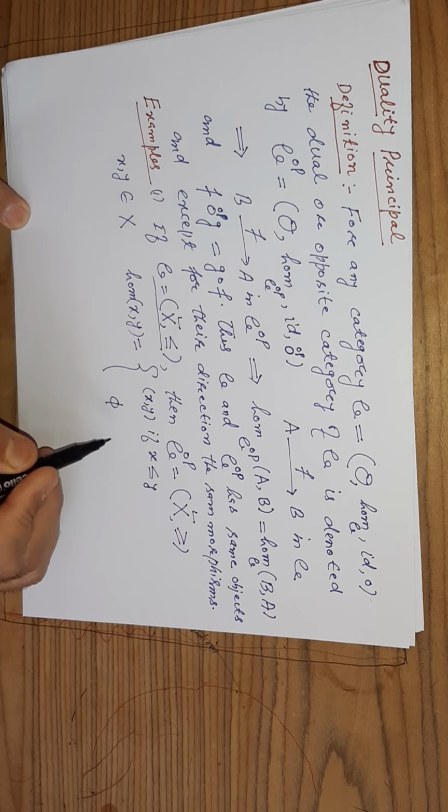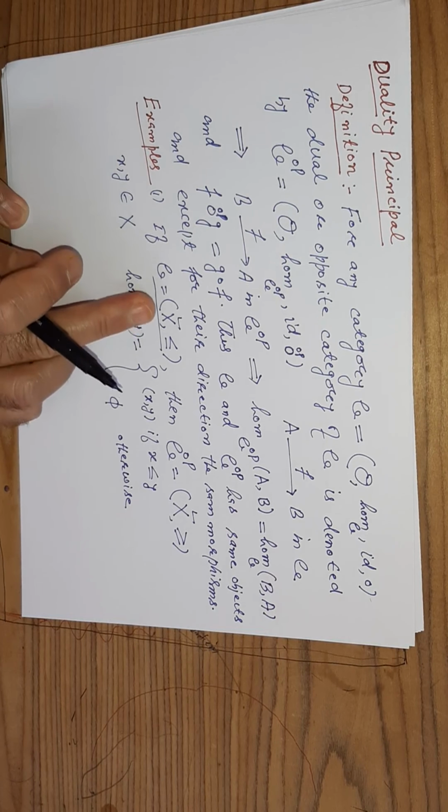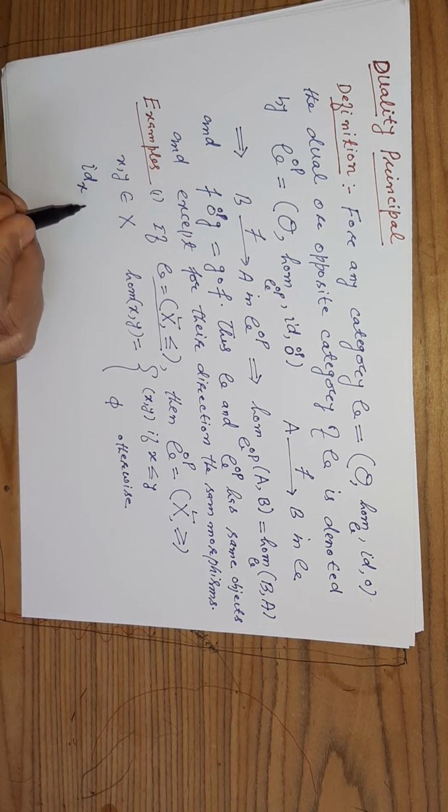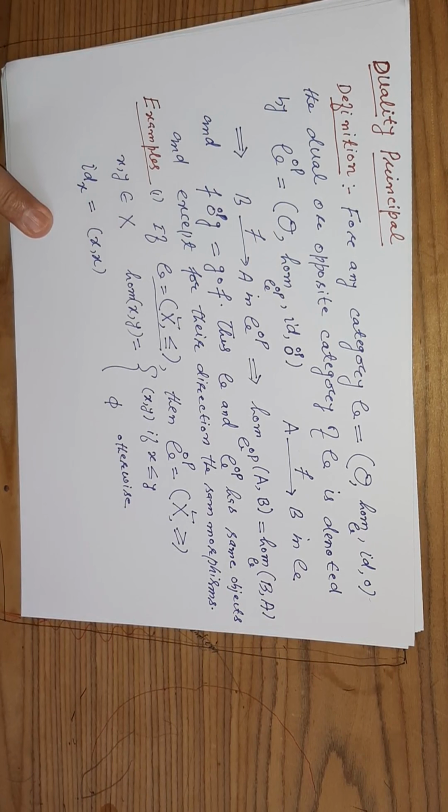And the identity on any object x was nothing but this pair (x, x), because of reflexivity, since x is less than or equal to x for all x in X, therefore we must have an arrow from x to x for each x, and that we denoted by (x, x).